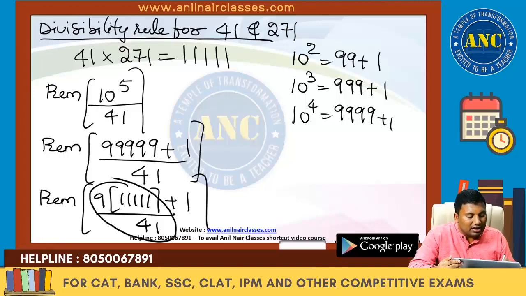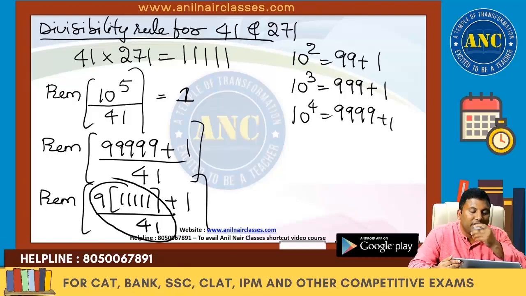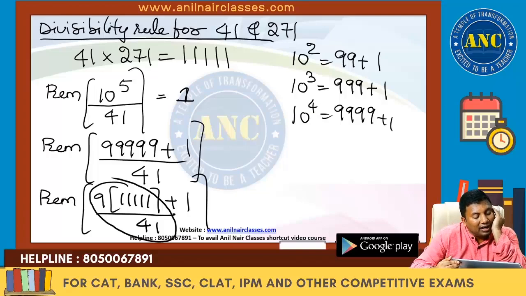So how much is the remainder we got? 0 plus 1. So it is nothing but 1 we got. 10 power 5 is 5 nines, 5 nines is 9 into 5 ones plus 1, and 5 ones is divisible by 41.